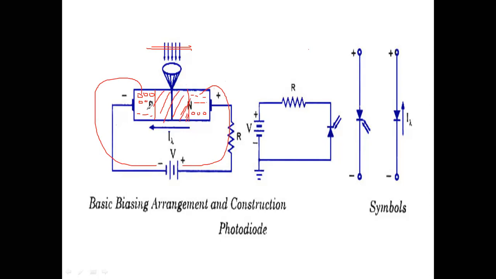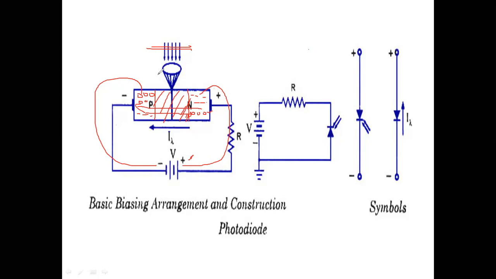Only these minority charge carriers, electrons, get repelled due to the negative supply, so electrons move towards the junction. Holes, which are minority charge carriers in the N region, get repelled due to the positive charge, so holes move towards the P region. So there is a small current due to flow of minority charge carriers only in the photodiode.